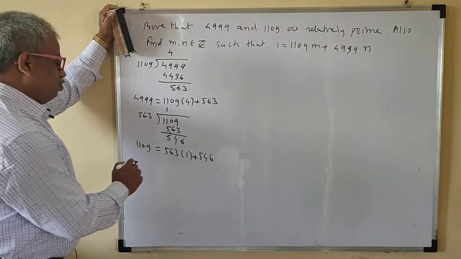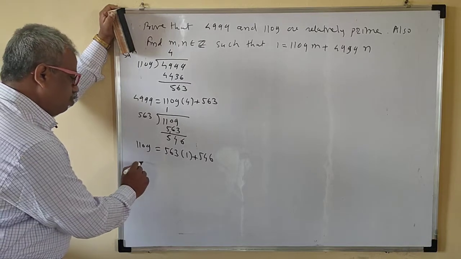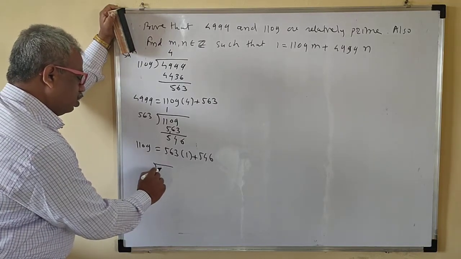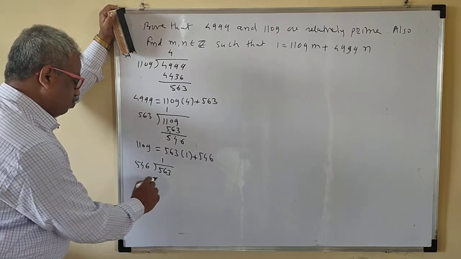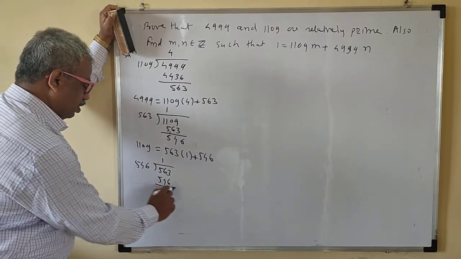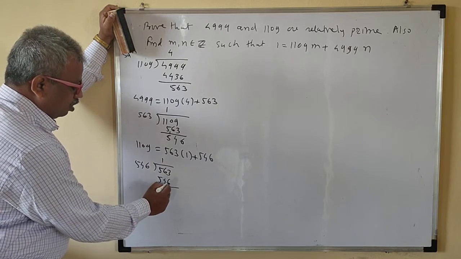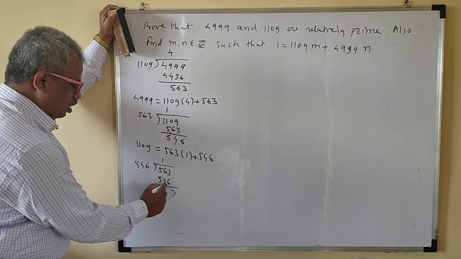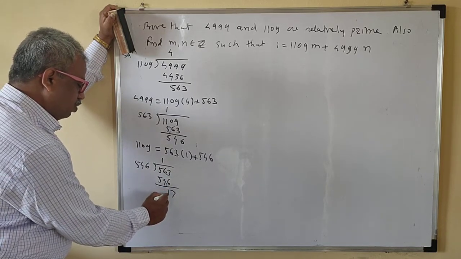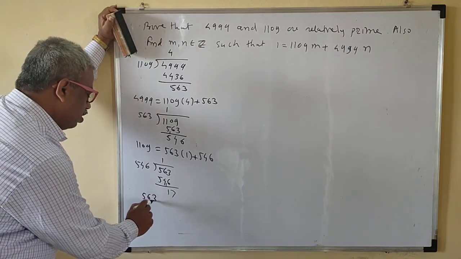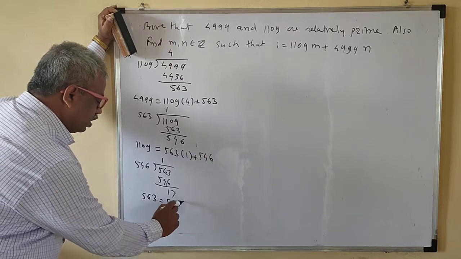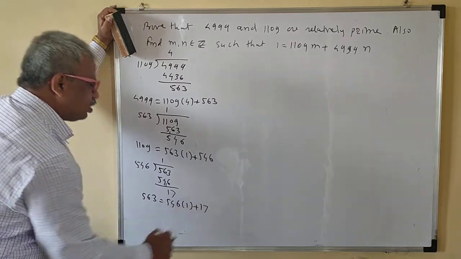So now this is 563, then this is 546. Then this is 1, 546 now here. So this is 7, then this will be 1, then this will be 1. So 17. So 563 is equal to 546 into 1 plus 17.